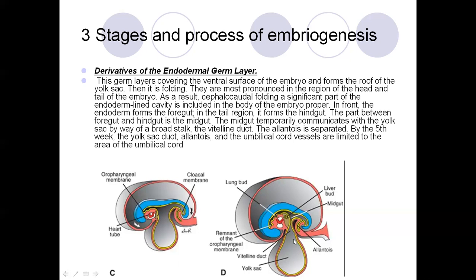The yolk sac will disappear in the 3rd month of embryonic development, because in humans the yolk sac has lost its first function, nutrition function, because the embryo receives nutritive substances from the placenta.